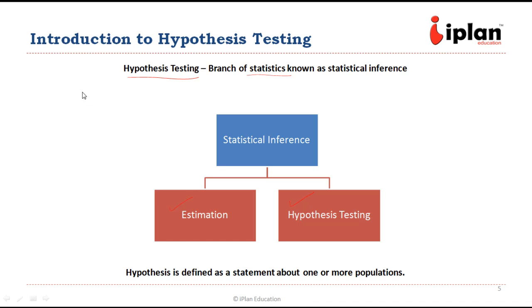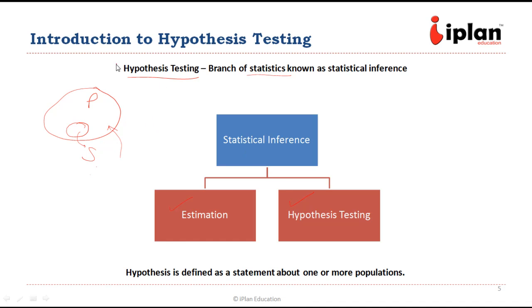For hypothesis testing, suppose we have a large population P. We want to ascertain certain parameter of this population. So one way is estimation using sample, and the other way is we have a sample, we have certain sample statistic from the sample, and then we want to make a hypothesis about the population regarding certain characteristics of the population, and then we test the hypothesis.